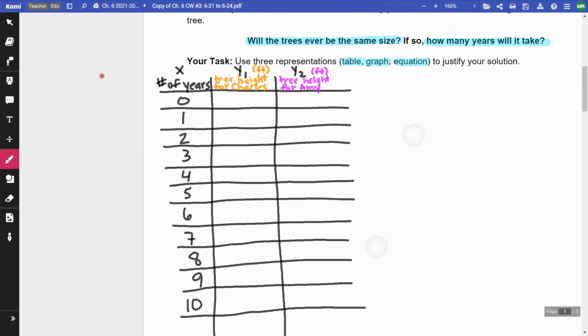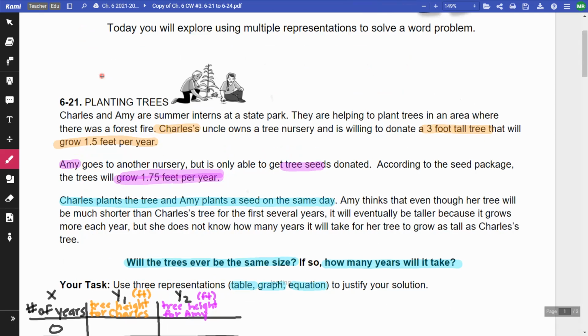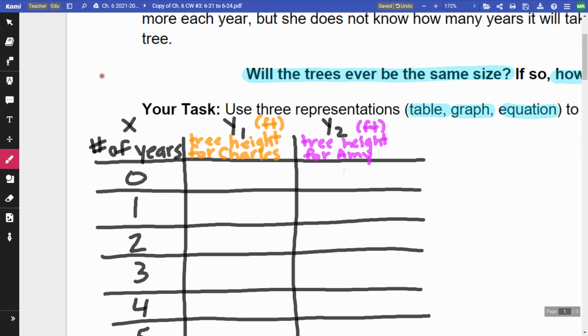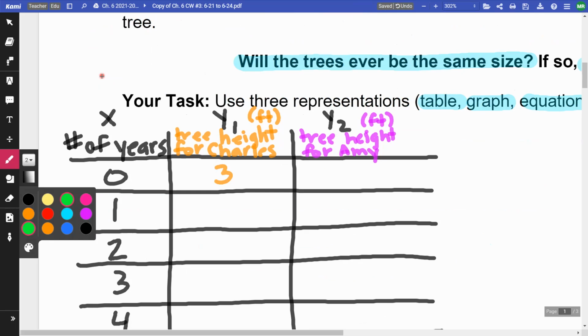Now, for Charles, remember his tree was 3 feet tall, and then it grew 1.5 feet per year. So I'm going to have his start with 3 here, and then I am going to be adding 1.5.